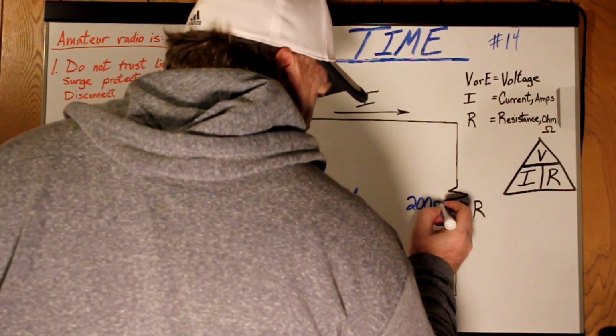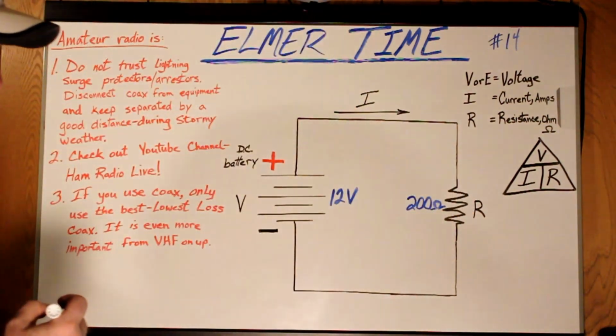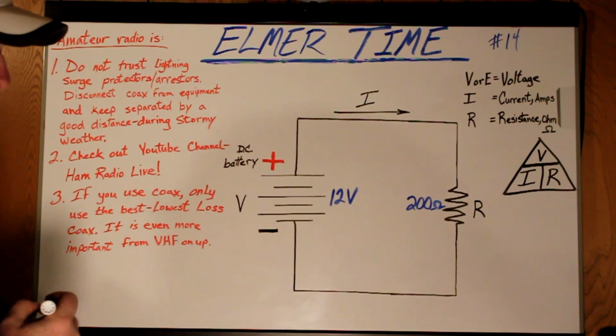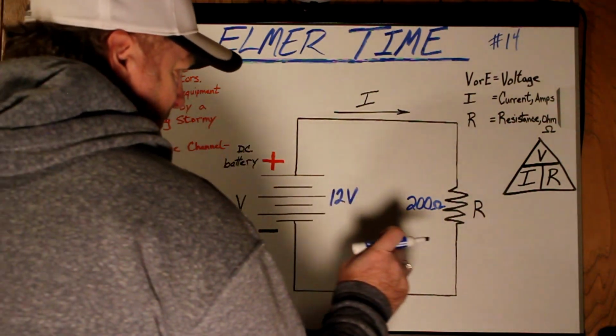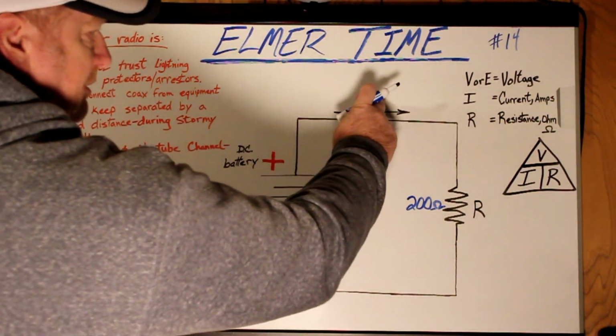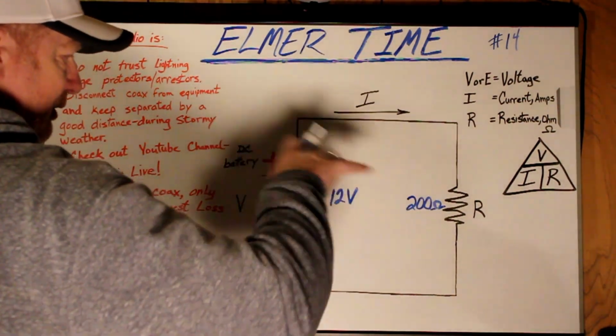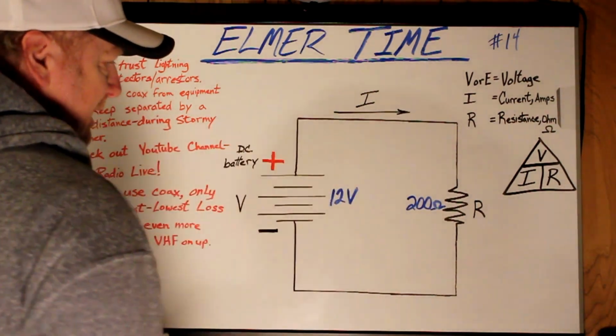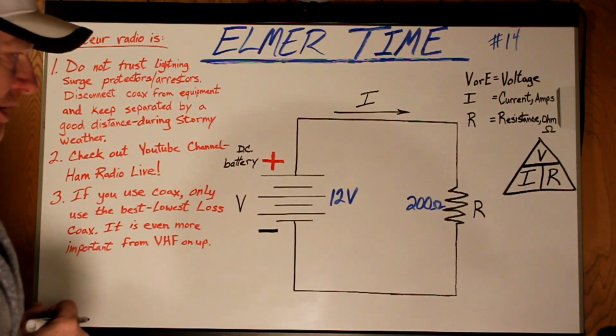Excuse my ohm symbol there. Anyway, 200. And we want to know the current, or the amperage, of this circuit with these two numbers that we have available to us. So what do?